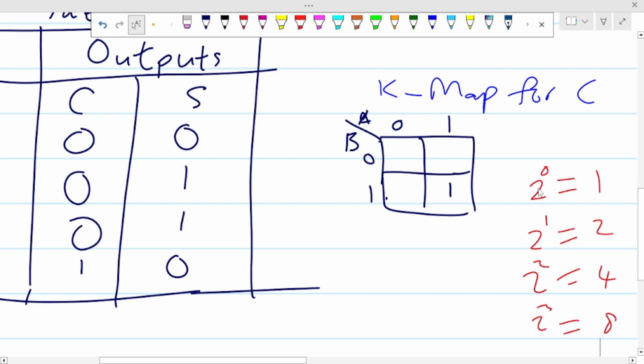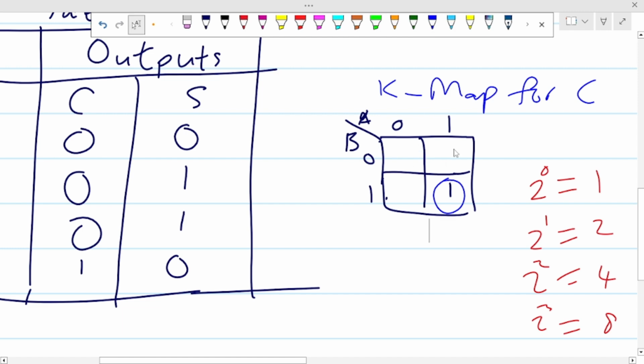But listen, the rule is this: group the maximum number of 1s you have. Assuming we had another 1 here, we would have grouped them together, but we don't. We just have one 1, so we are going to group this one just like that.